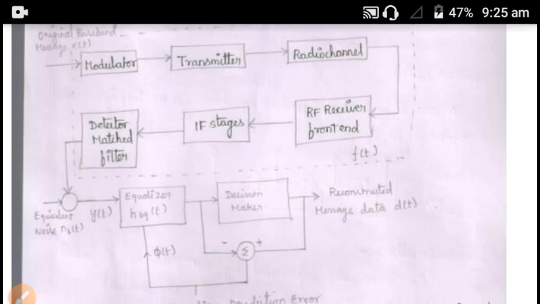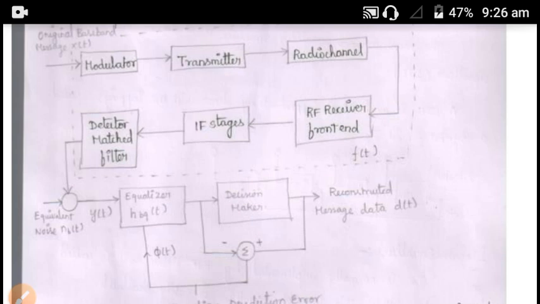So here, first the original baseband message signal m(t) is passed through the modulator. Then it modulates the signal and is passed on to the transmitter, then to the radio channel.